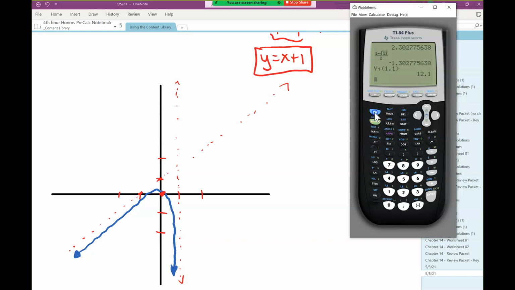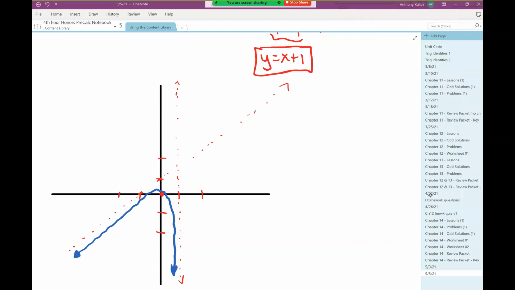But let's just check if we get a little bit closer, make sure it gets more positive. So let's do 1.01. And it did get more positive. So I'm quite convinced that this is what's going on. Okay with that?